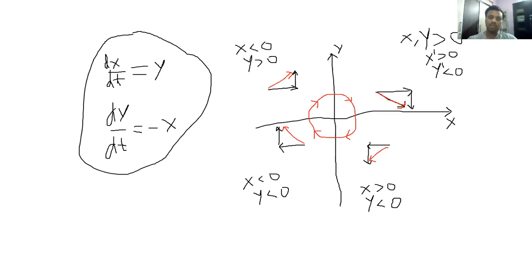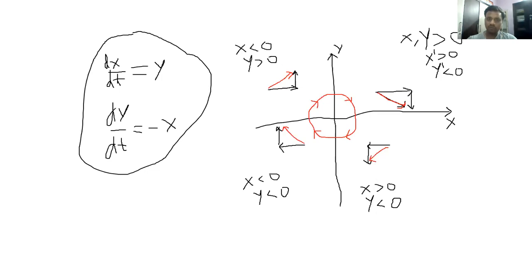And the second observation, which is also very important, is that this curve never reaches this axis, the y-axis.